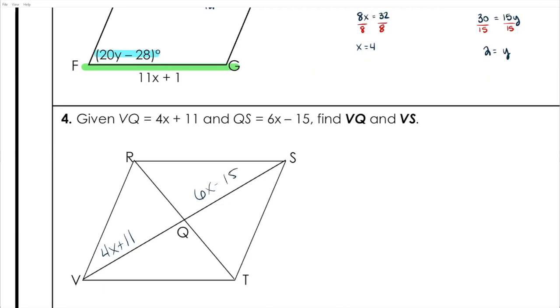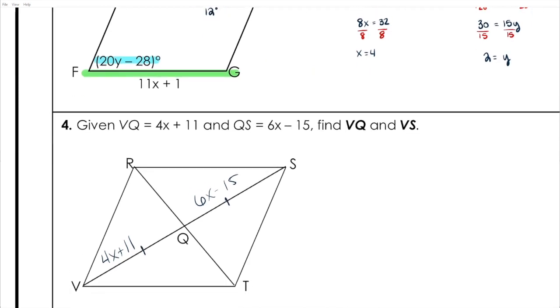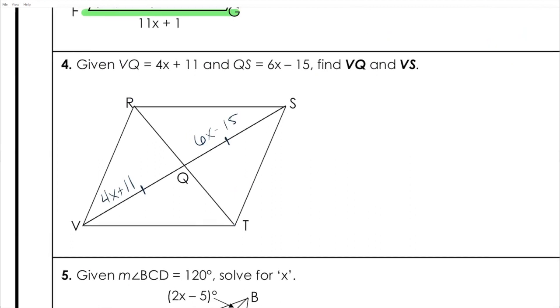We know this is a parallelogram because they told us in the instructions that it was a parallelogram, and one of our properties is that the diagonals bisect each other. That means that VQ is congruent to QS. So based on that mathematical property of a parallelogram, we can write an equality statement, VQ equals QS. And now if you really want to throw back in time, that would make Q technically a midpoint because it's in the middle of V and S.